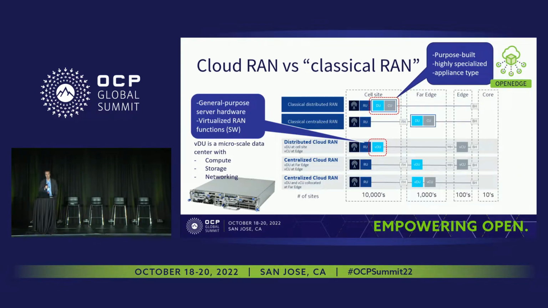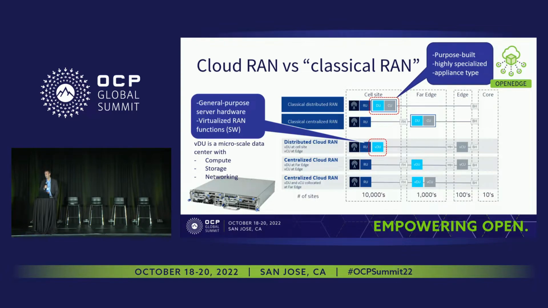For the Cloud RAN, the architecture has all the time been a bit different in the sense that it has allowed the distribution of the vDU and the vCU functions in the network. And the typical model, I would say still as of today, is this distributed Cloud RAN deployment option where the vDU is located at the cell site in a similar way as in the classical model.